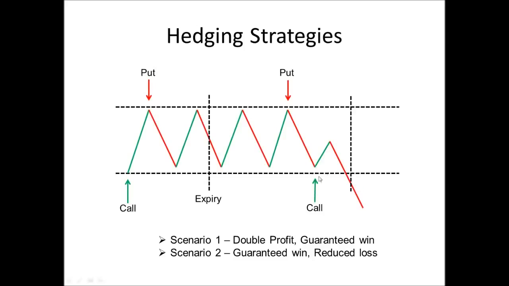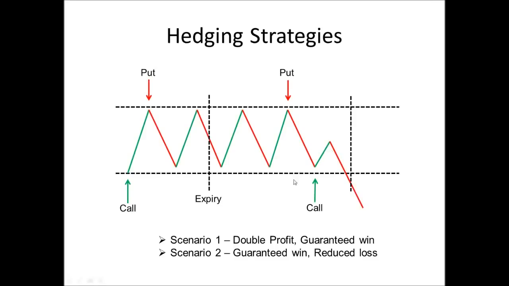So our call would have made a loss, but our put would have made a profit. So once again, we have a guaranteed win. No matter what happens, we're guaranteed to win at least one of these positions. And our loss is dramatically reduced.